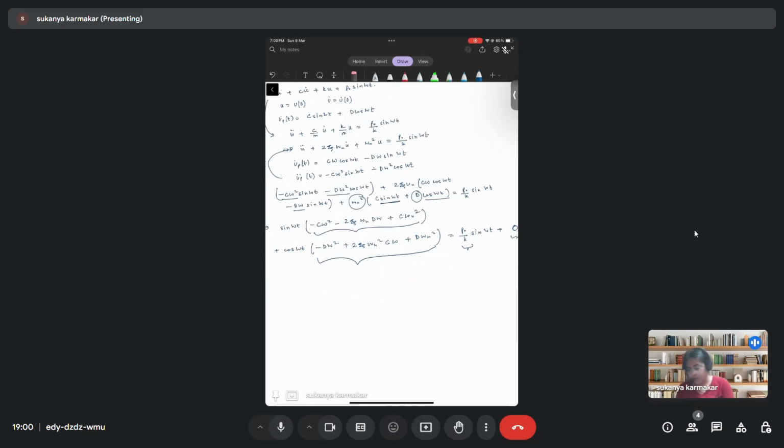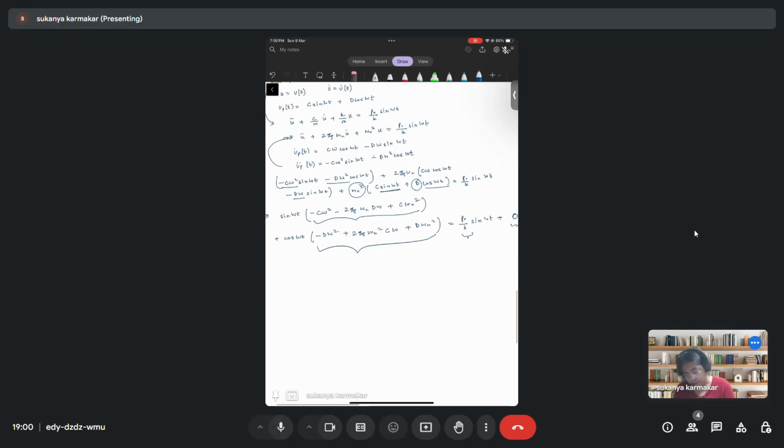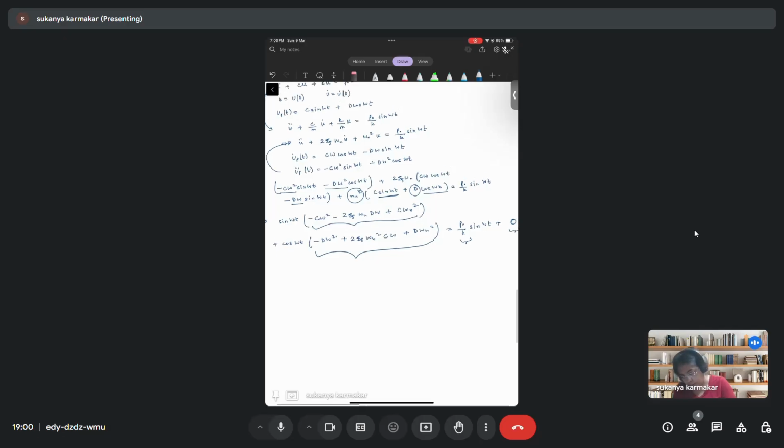So let's write down the two equations. Your first equation is c omega n square minus c omega square minus 2 zeta omega n d omega is equal to p naught by k.